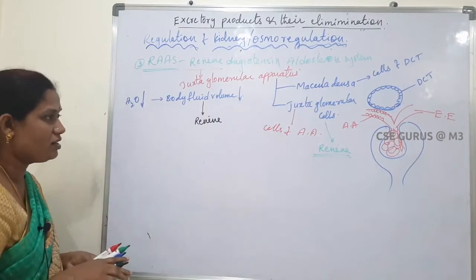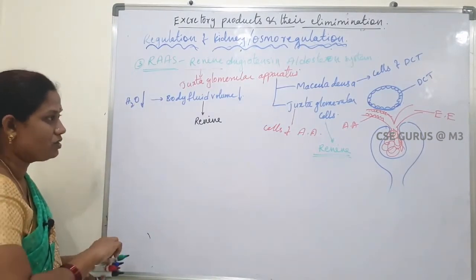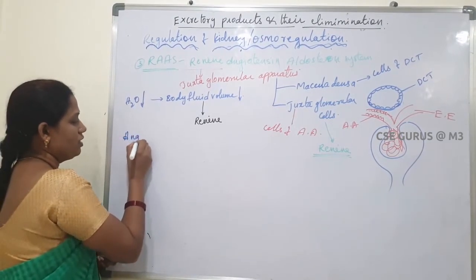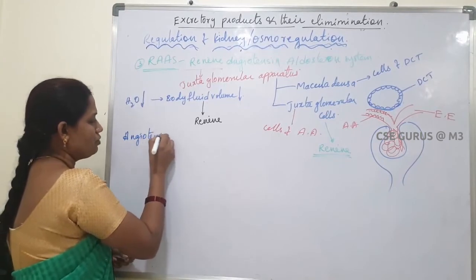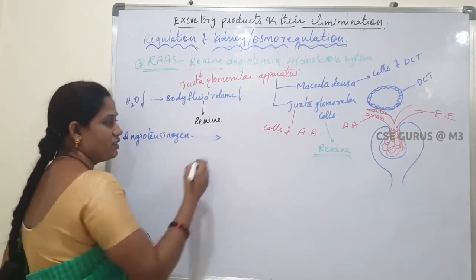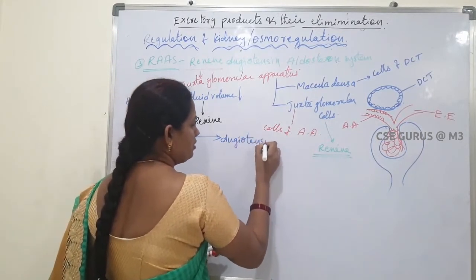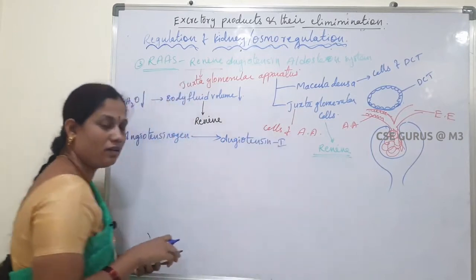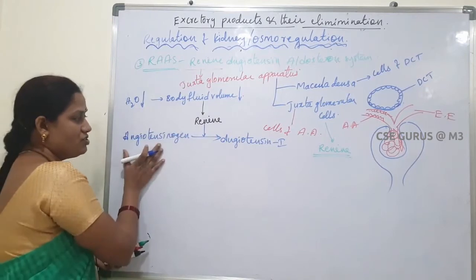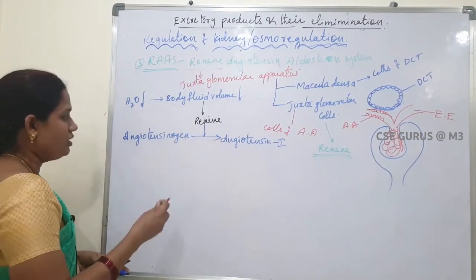Now this renin enzyme converts angiotensinogen into angiotensin 1. So in the presence of renin enzyme, angiotensinogen is converted into angiotensin 1.